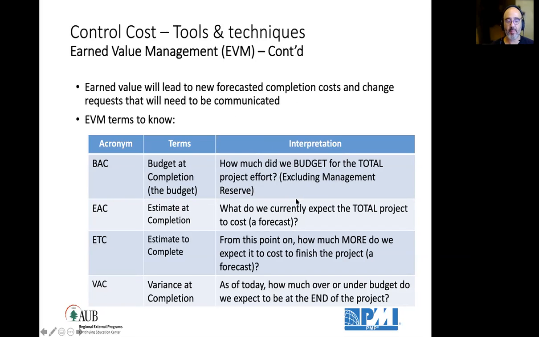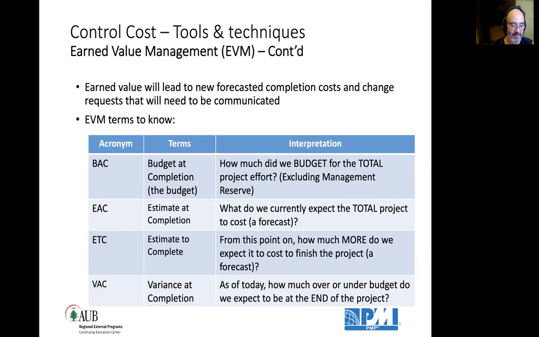But so far we know there is something called budget at completion, which is what? Excluding management reserve. Okay, which came out from the cost aggregation. We also have the estimate at completion: in the middle of the project, at the reporting date, what do we currently expect the total project to cost us once finished, and it's a forecast.